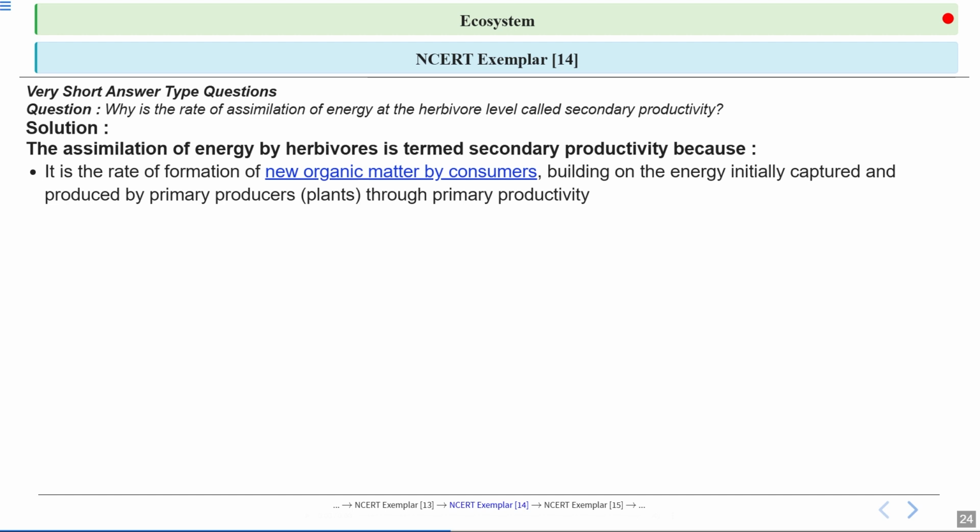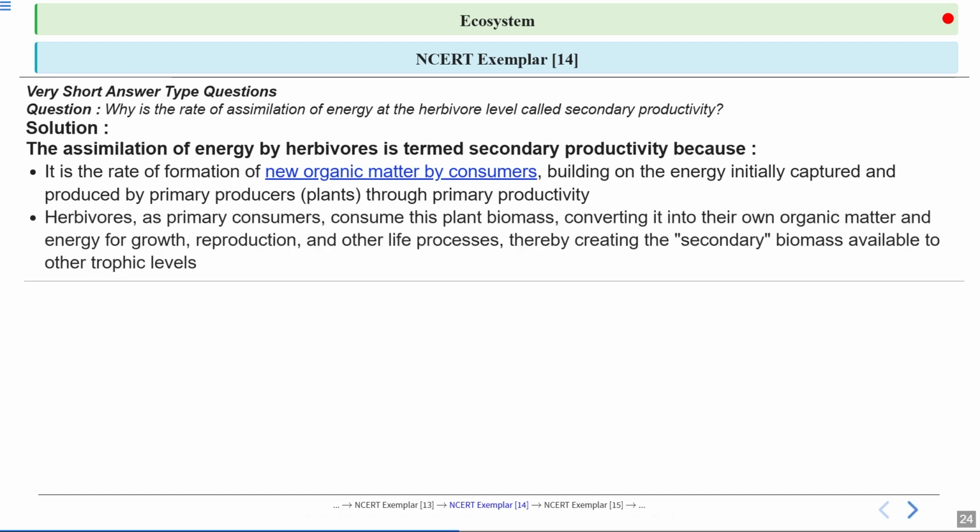So it is the rate of formation of new organic matter by consumers, building on the energy initially captured and produced by the primary producers, which are the plants, through primary productivity. In an ecosystem, herbivores are the primary consumers because they eat the producers.